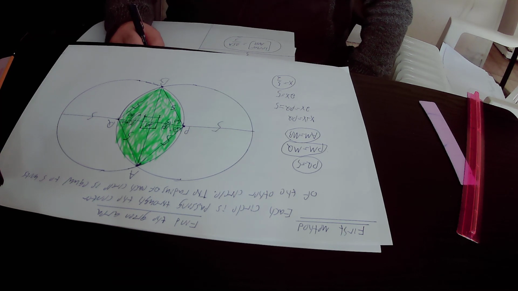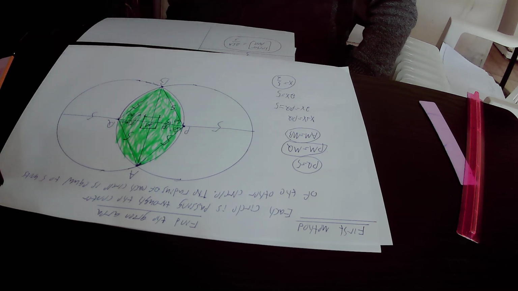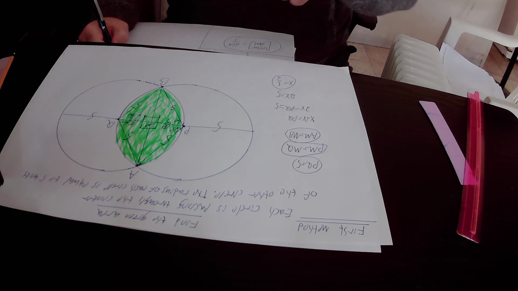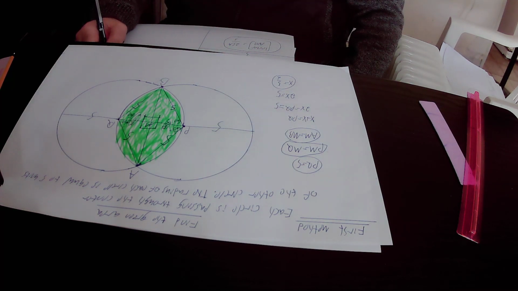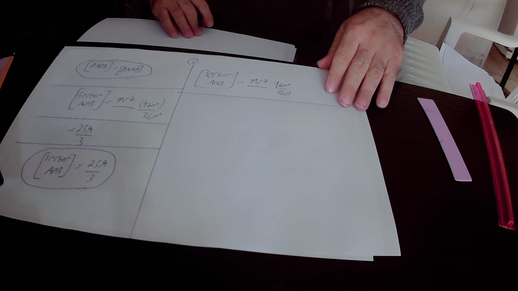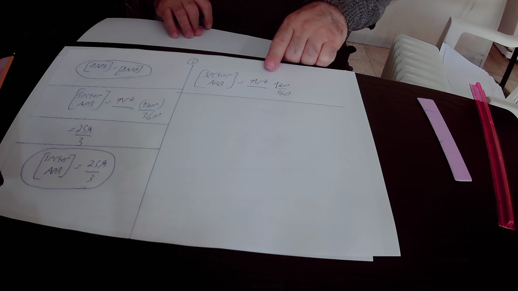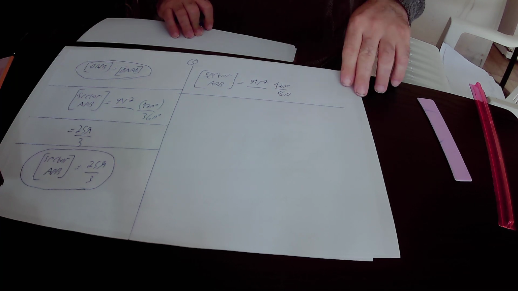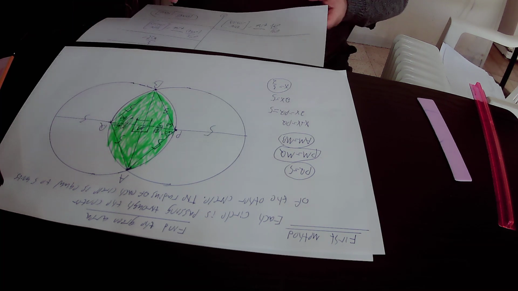The area of sector AQB will be equal to pi r squared times 120 degrees over 360 degrees, where r is the radius of this circle that equals 5 units.